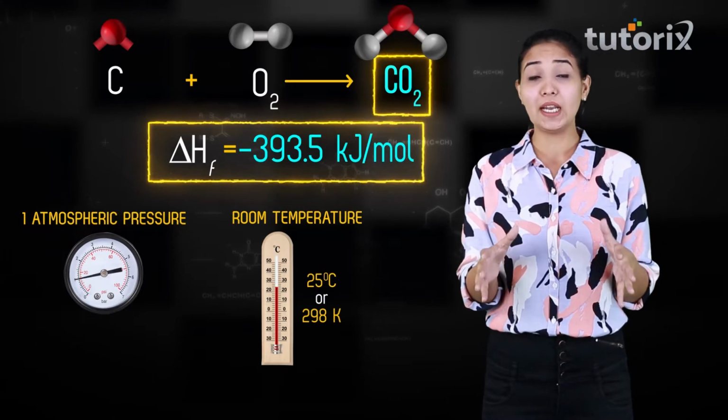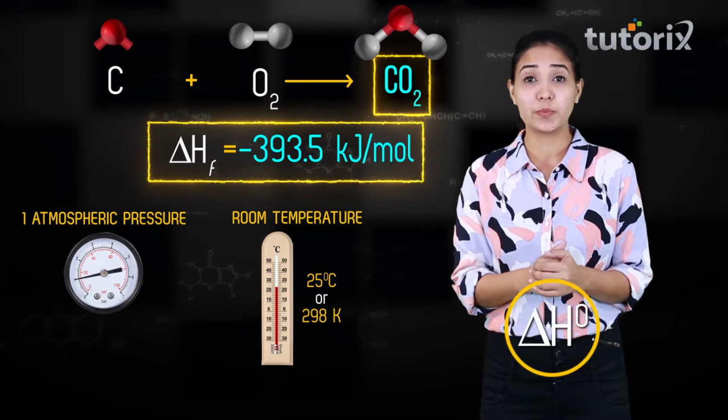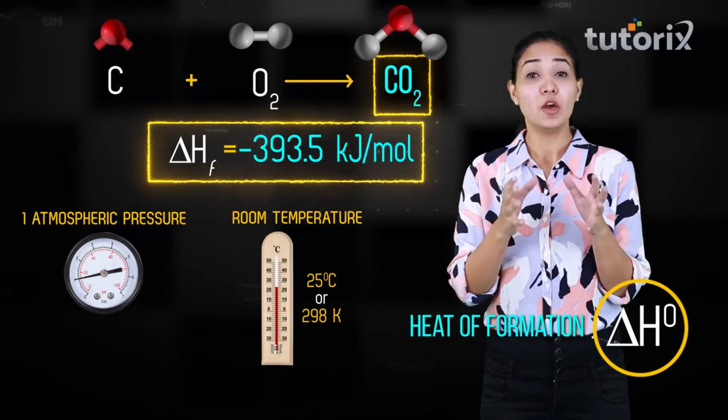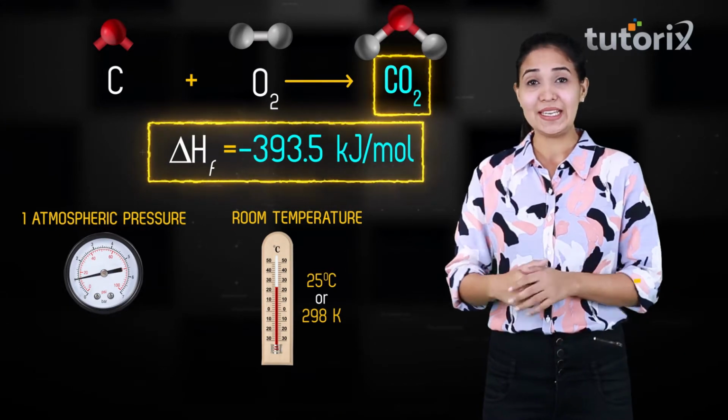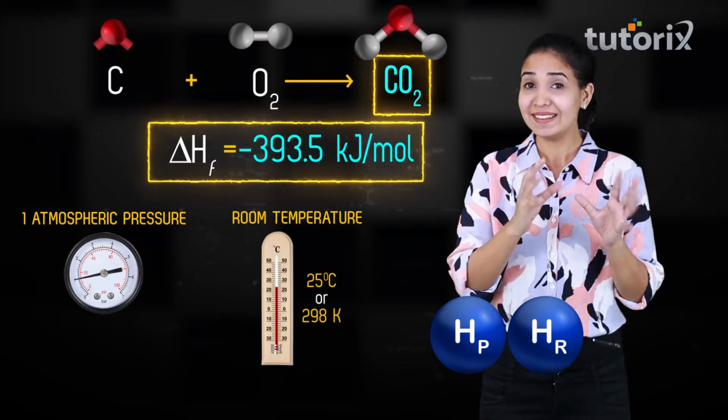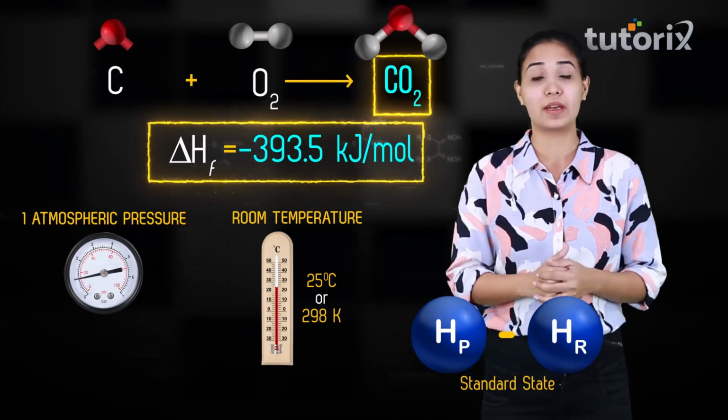When you have to find out the delta H naught value, that is the heat of formation for any particular reaction, what you have to do is simply write the sum of the products and the sum of the reactants in their standard state and subtract them.